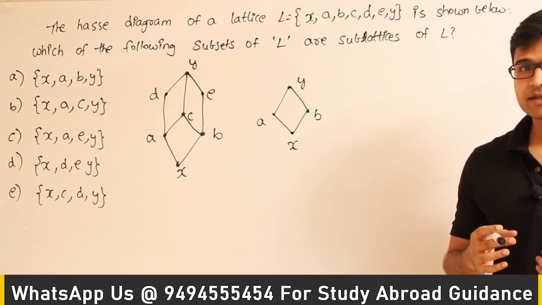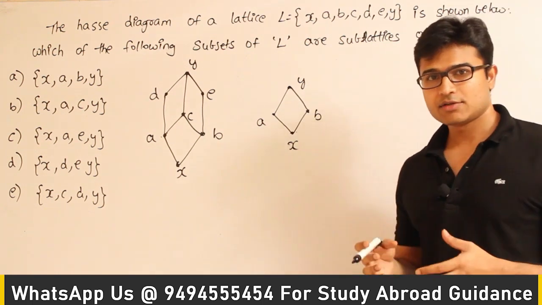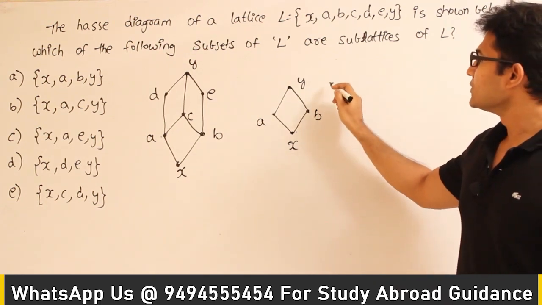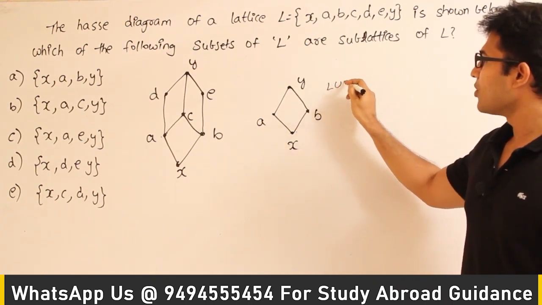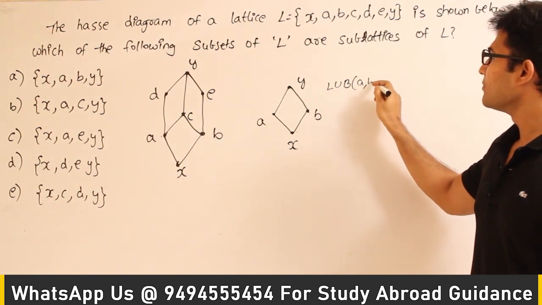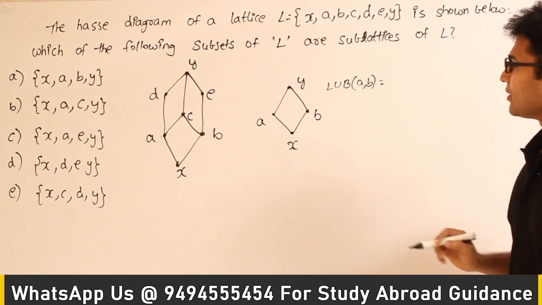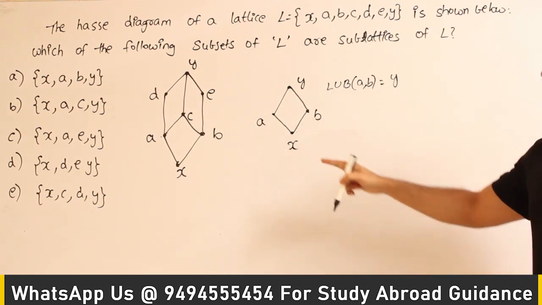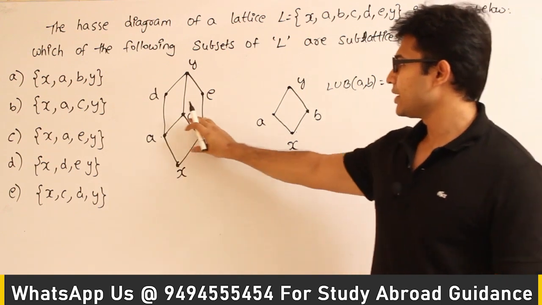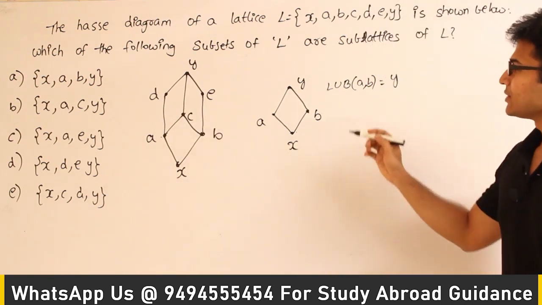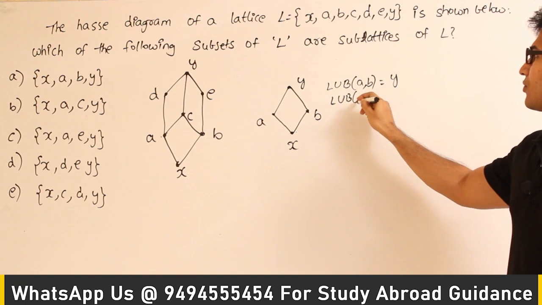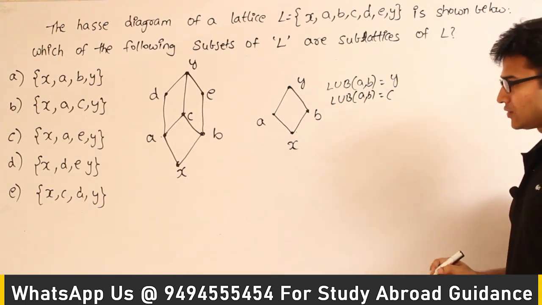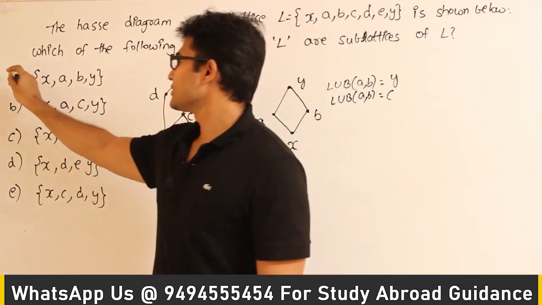If it has to be a sublattice, for every pair the greatest lower bound and the least upper bound should be the same. The least upper bound of a, b in this subset is y, but in the original lattice, the least upper bound of a, b is c. So both are not equal, and so it cannot be a sublattice. Got it?